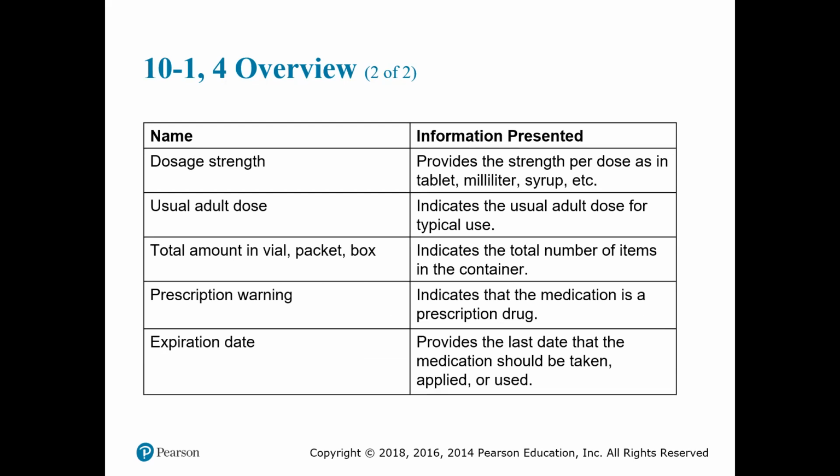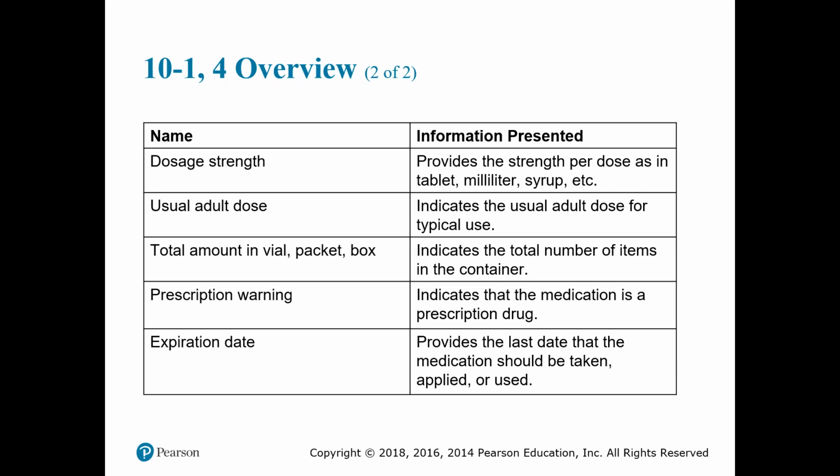The strength. So again, we've already been using this a lot, but the dosage strength, typically as a tablet or given in milliliters, syrup, etc. And then maybe not on the outside of the box, it depends on the medication. It could also be on an additional flyer piece, right? The usual adult dosage for that typical use. Or if we're in vet tech, the usual dosage for the animal.